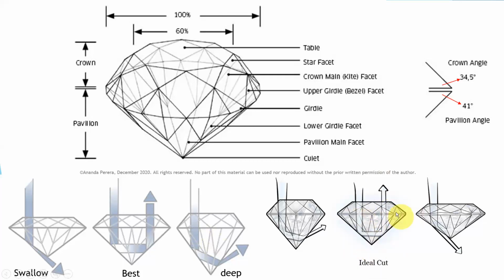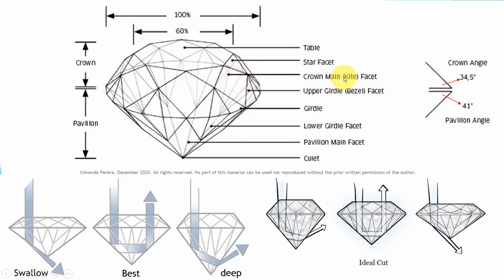Buyer needs this cut. Table should be 60%. These triangle shape facets are star facets. This one also star facet. This triangle also star facet. This triangle also star facet. The other is the table. This one main facet.